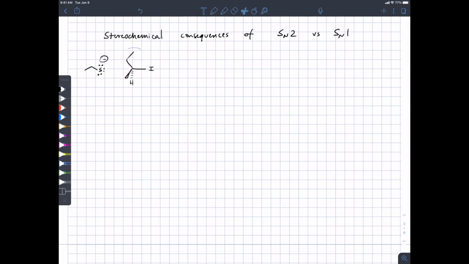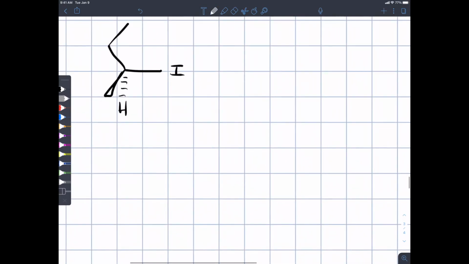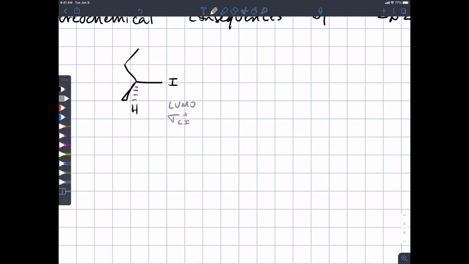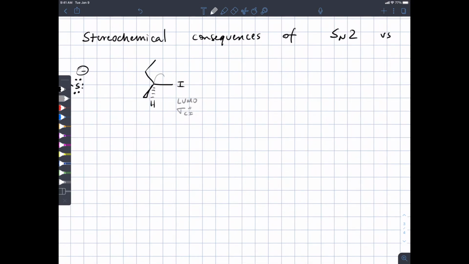Recall that we said that the nucleophile attacks from the backside because that's where the LUMO, or the carbon iodide sigma star, is. That LUMO looks a little bit like this, with a node in between, a large lobe on carbon and a large lobe on iodide. We've already talked about why you attack at carbon versus iodide.